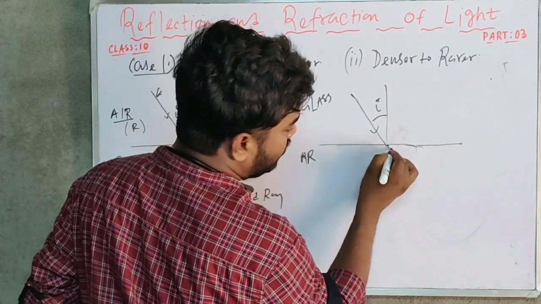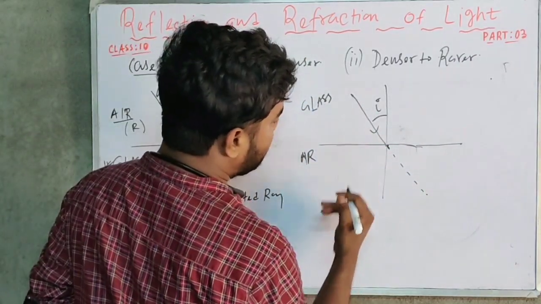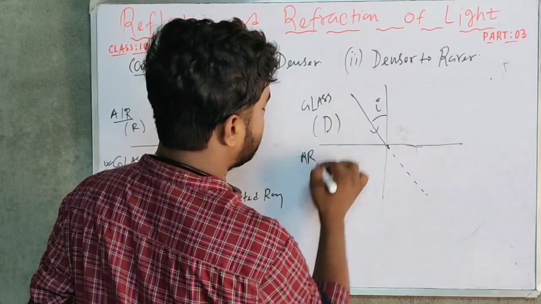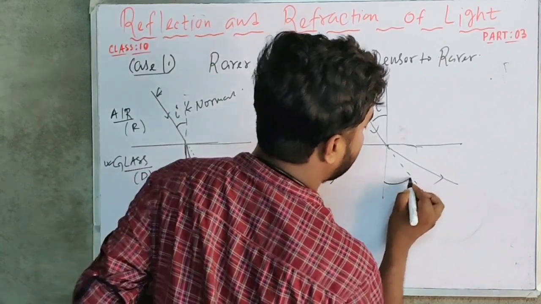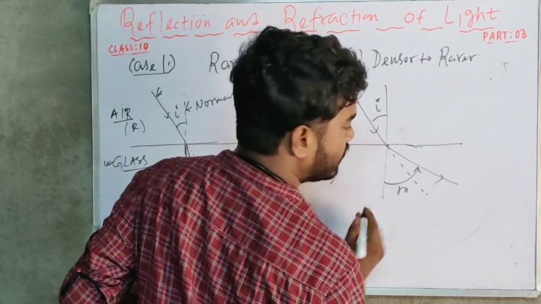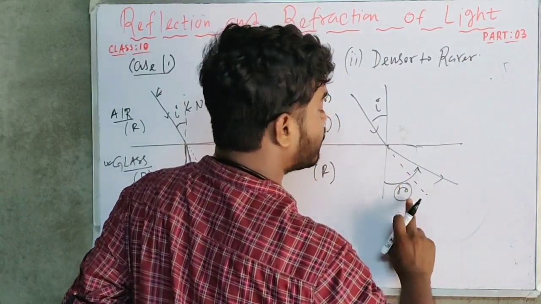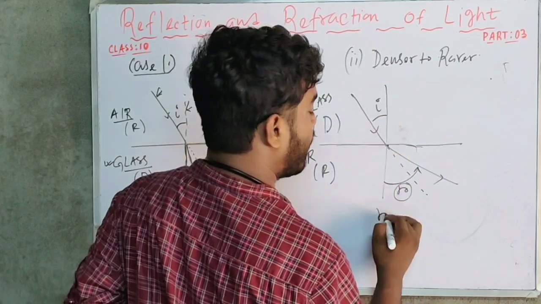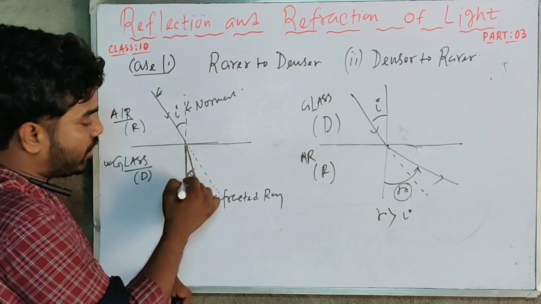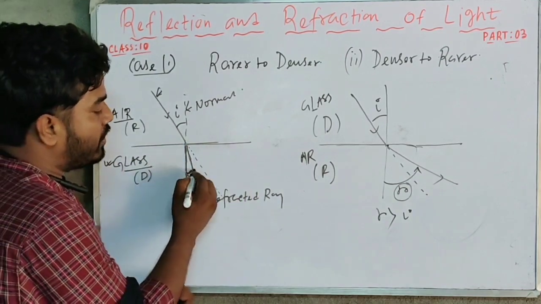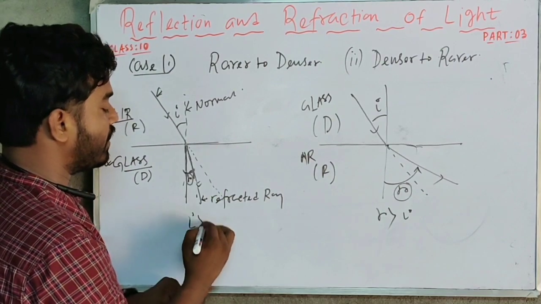Here if there is no change of medium, light goes this way, but the medium changes and this is denser, this is rarer medium, so light will go away from the normal. This angle is R. Light goes away from the normal, that's why here R is increasing, R is more with respect to I. Here R is greater than I. And in the first case, light bends towards the normal, so I is greater than R.